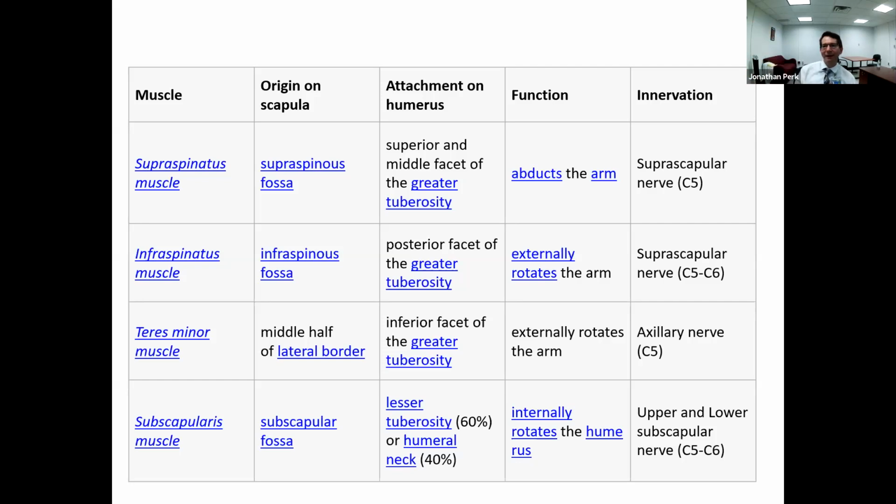So if you have an isolated combination of only these movements, and you'll have to go through all the anatomy that we talked about, then typically it's not going to be a neurologic problem. It's more likely a problem in the shoulder.